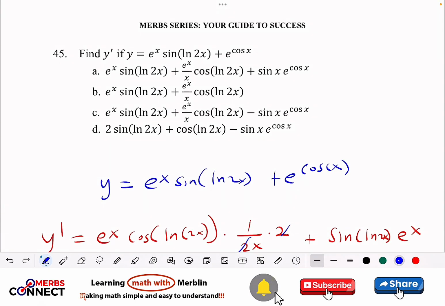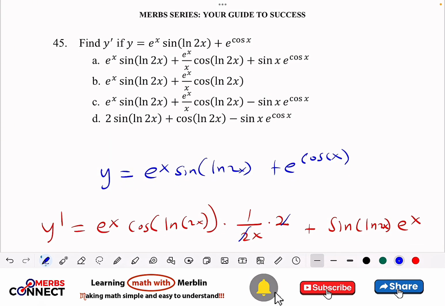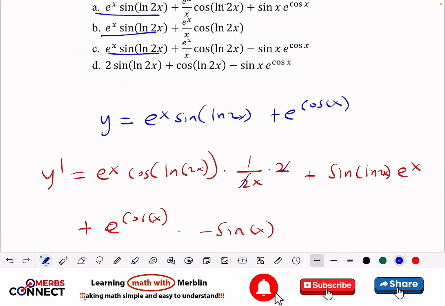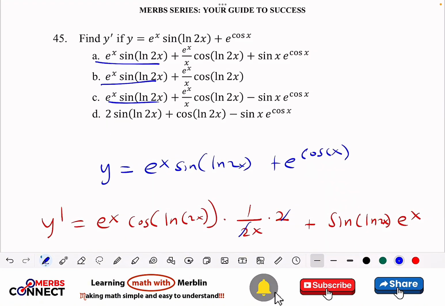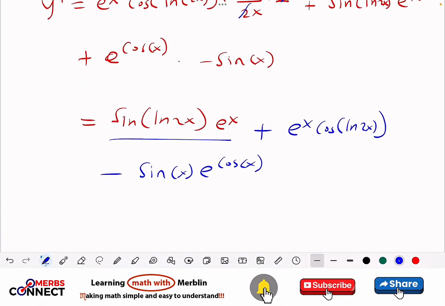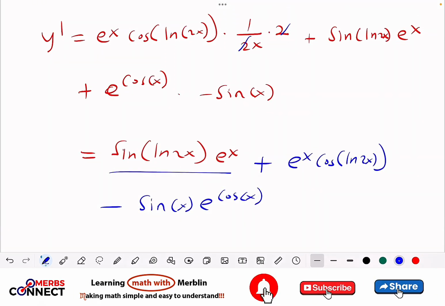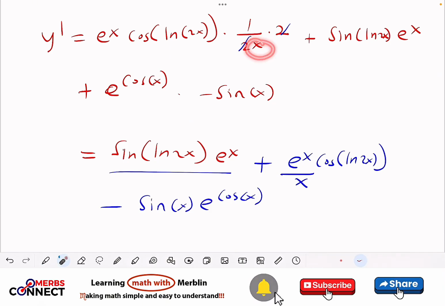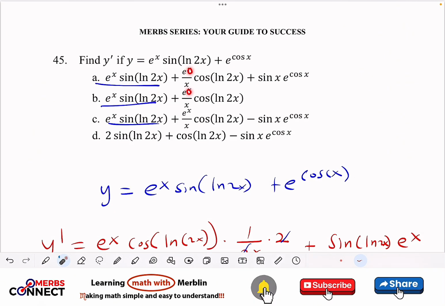So let me see how they did it. So we have this, this, and that, which is here. Then they have e to the x over x. Oh, okay. This one's supposed to be divided by x with this one here. So we have e to the x over x throughout. We don't have some here, so this is out.